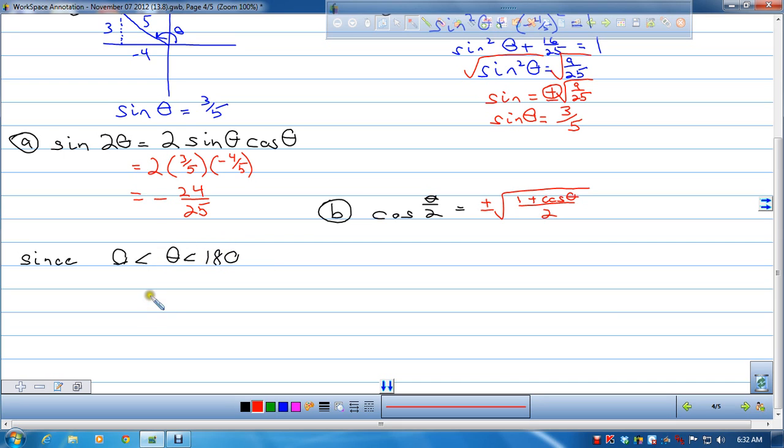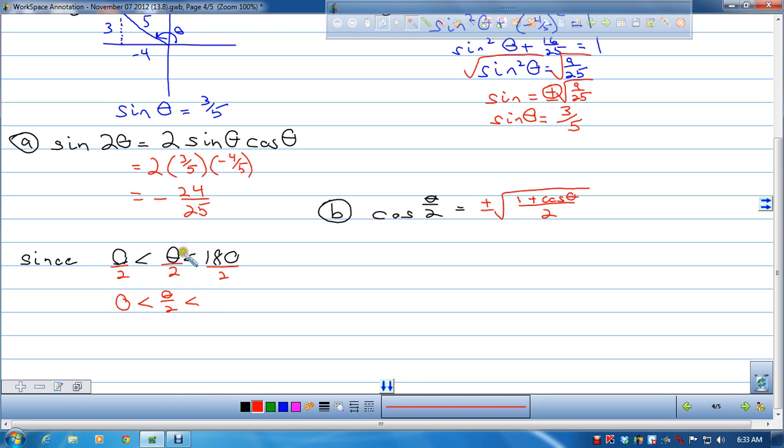Since they gave us that theta was between 0 and 180, I want to know where theta over 2 is. So just divide that by 2, and remember, you have to do that to every part of the inequality. We did this in like the first or second day of trig. I told you, don't forget it. Okay, so that's theta over 2.